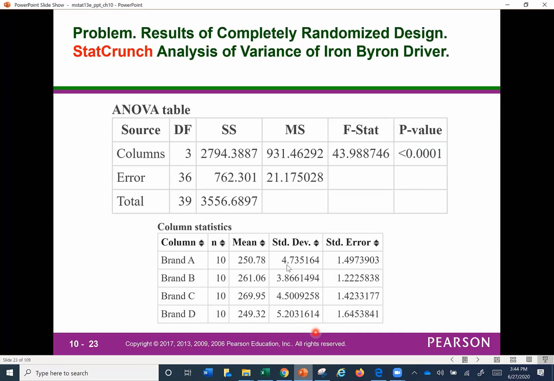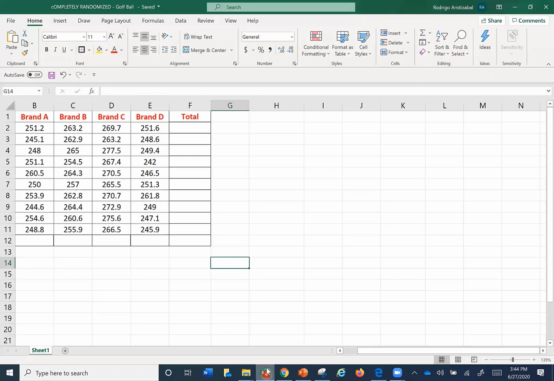We are going to obtain all of these numbers manually using formulas and tables. How can we do that? When we send this information to Excel, we have this data here. Then we have to obtain the sums, basically using the shortcut formulas given in the last pages of the book, and I gave these formulas also in the PowerPoints. We need to sum all of these columns.